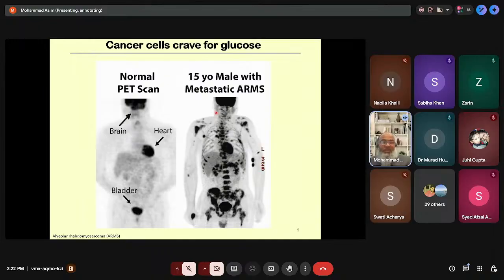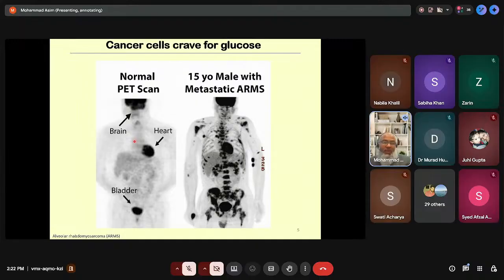So have a look at this PET scan. What you can see here, under normal circumstances, we have tissues which are very intense. They have very high energy demand. These are the PET scan, FDG PET. So the glucose has been labeled, and that will show up on a PET scanner.